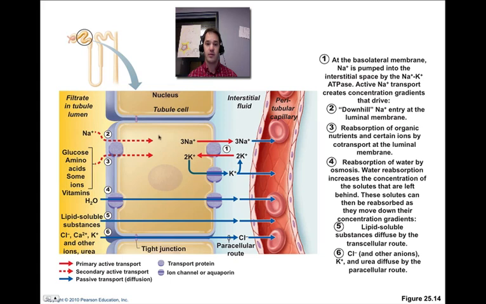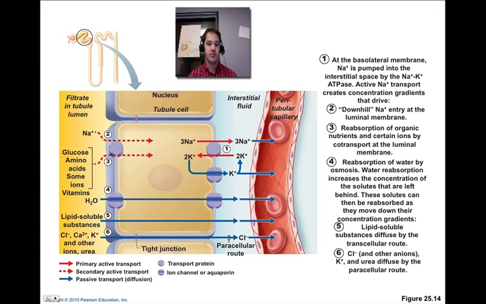That gradient facilitates sodium entry at the luminal membrane, and then a lot of other organic nutrients and ions are co-transported with sodium as it moves down its concentration gradient.